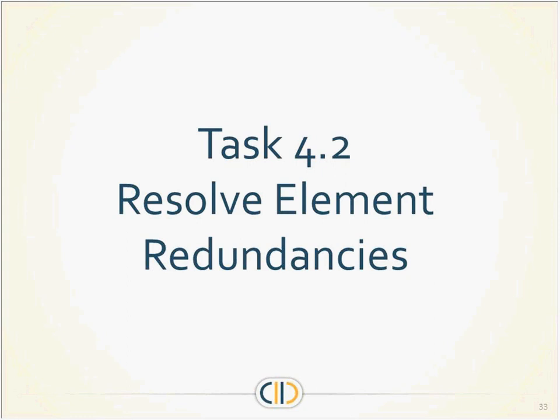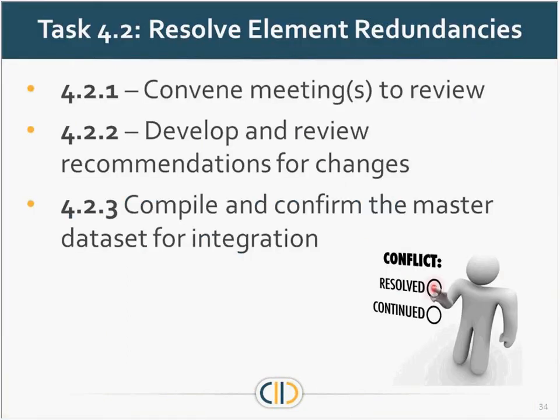4.2, which is to resolve element redundancies. So it's kind of good too. Within this task, it may take up the most time because there's a lot of work to do. Or you may find that there's not a lot of work to do, which is fantastic, but it might be that there are multiple systems that have elements that need to be considered.